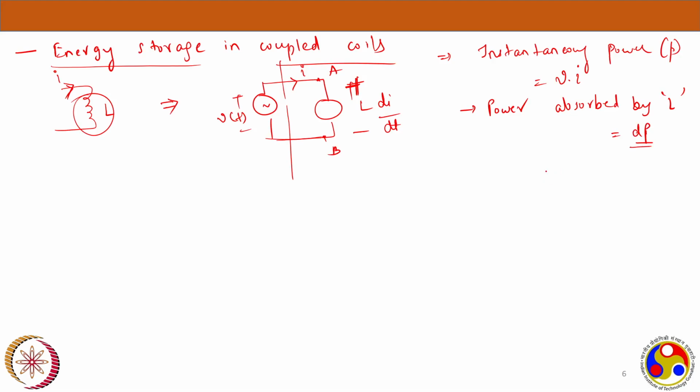What is dp? Again, the voltage induced at that point of time, and what is this voltage? This is L di by dt, multiplied by i. The same current is flowing through it.